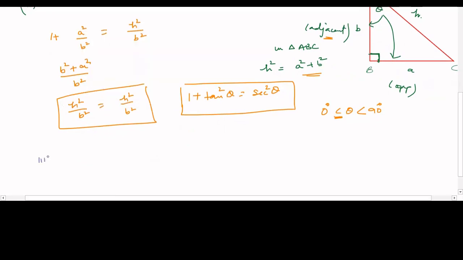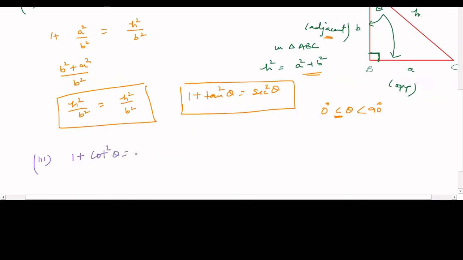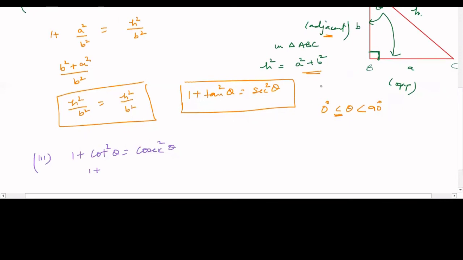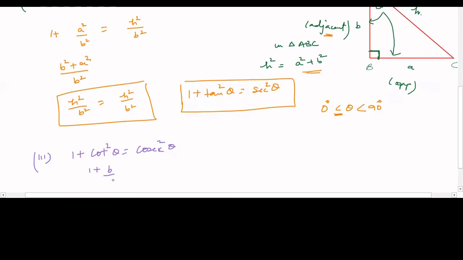Let's see the third one, that is 1 plus cot squared theta is equal to cosec squared theta. So my 1 plus cot squared theta: cot is the ratio of base over perpendicular. My base, which is the adjacent side, is B, and the opposite side, which is perpendicular, is A, and we square this out.